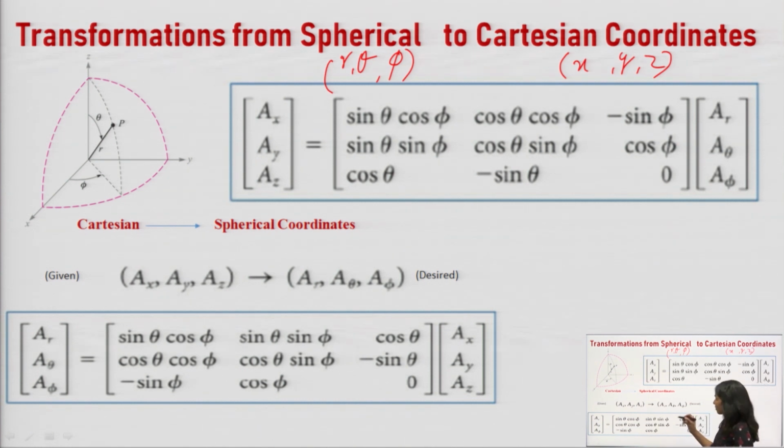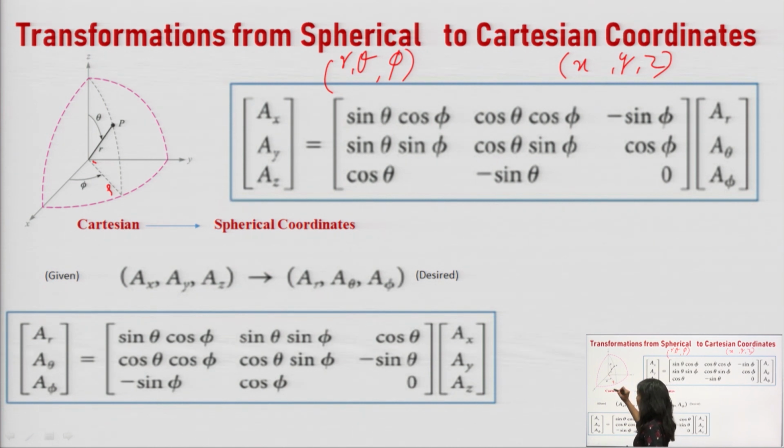Now this is the cross-sectional part of a sphere. From here we can see that this is the r, radial distance, this is the rho, this is the phi, which is known as azimuth angle also, this is the theta, which is known as polar angle.